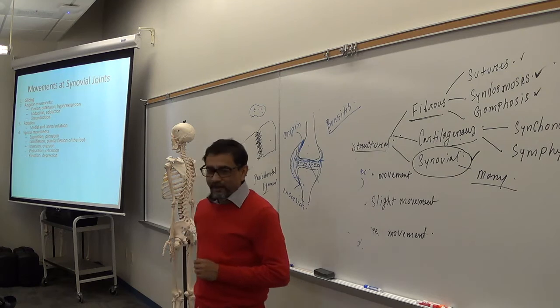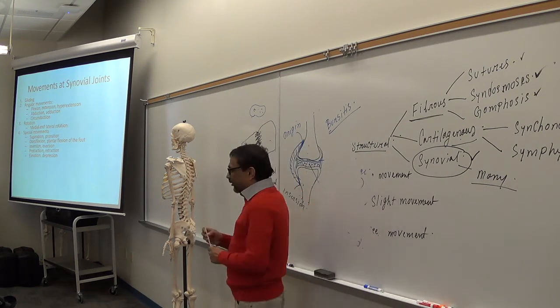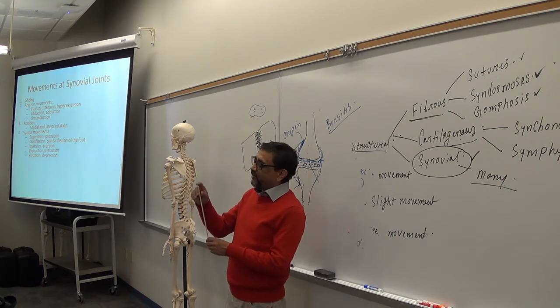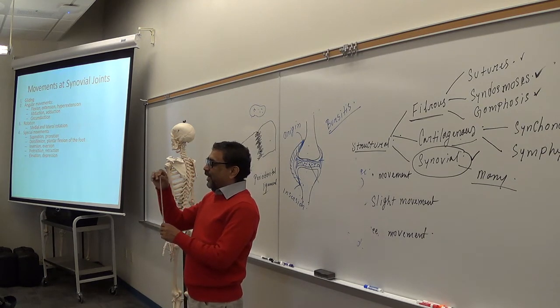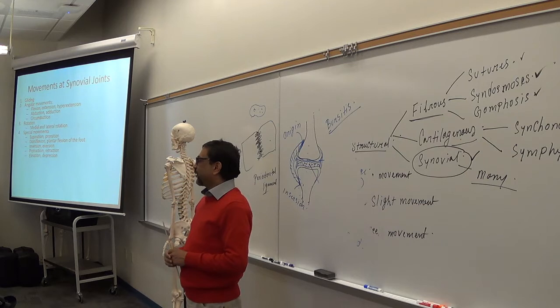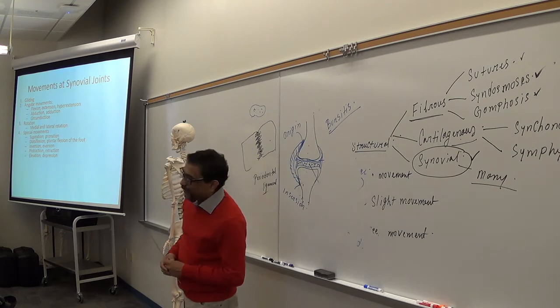Rotation. In rotation, what happens? The angle doesn't change, the axis doesn't change. So this is rotation. Okay. Now, if I move my head this way, this is called rotation. If I move my head this way, this is called what?